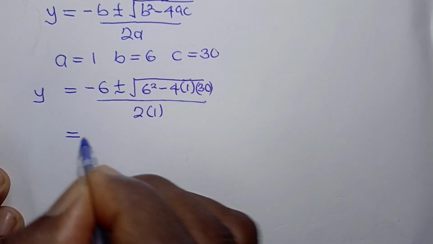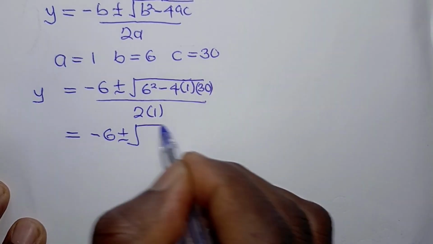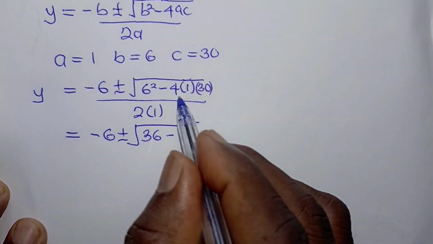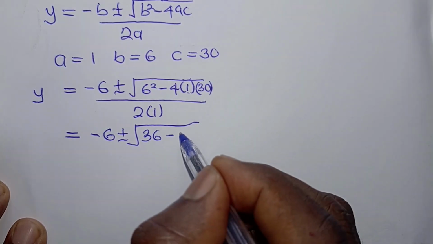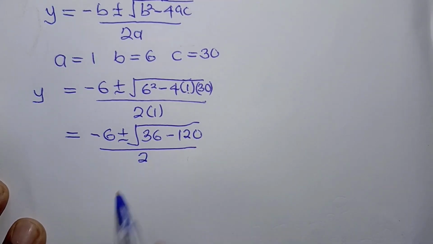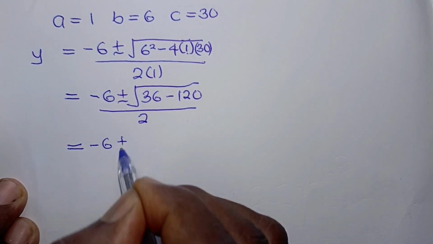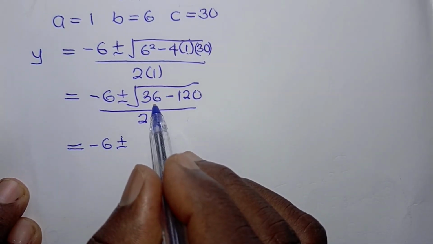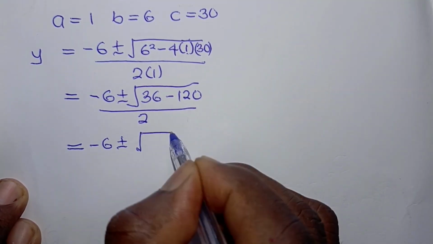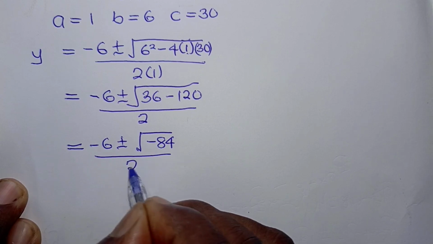So we have this one as minus 6 plus or minus square root of 36 minus 4 times 1 times 30, which is 120, all over 2. So we have minus 6 plus or minus 36 minus 120. We are going to get square root of minus 84 all divided by 2.